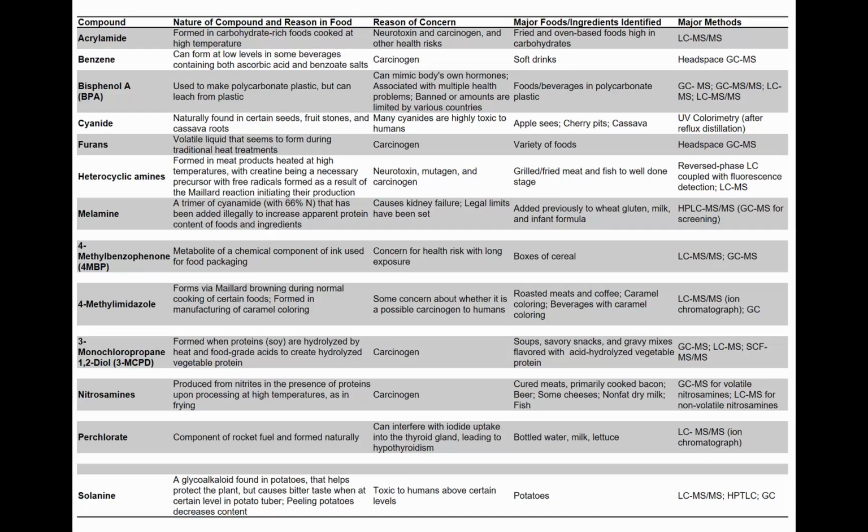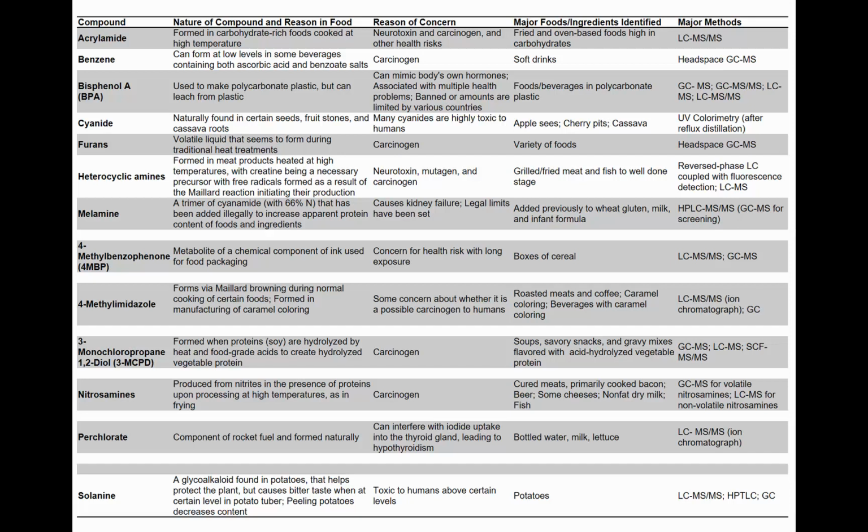So this table is present in your chapter, and it's a very good table to actually study from. Because if I ask you a question similar to the review session today, I give you a food product and ask you to identify a compound that can be present in it. So acrylamide, it is formed in carbohydrate-rich food cooked at high temperature.